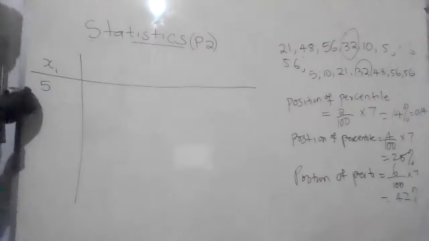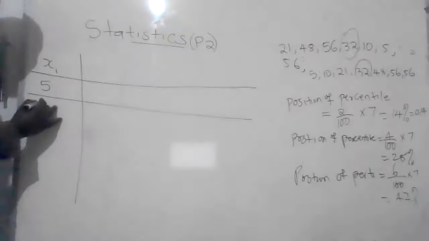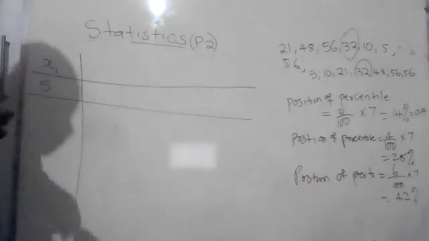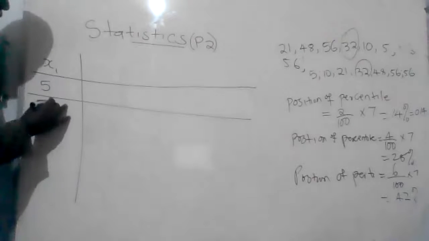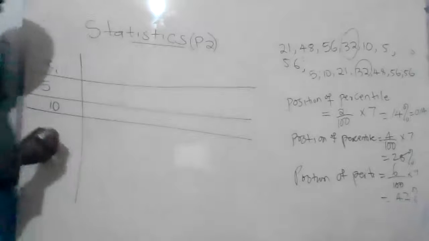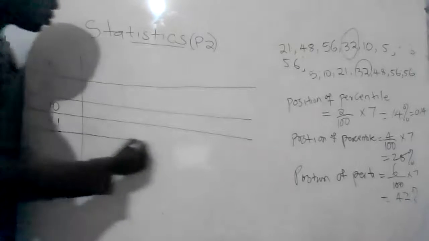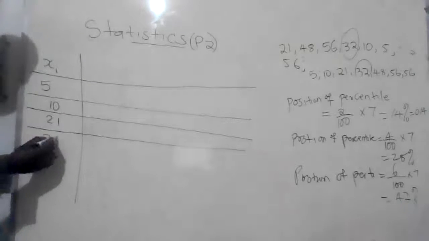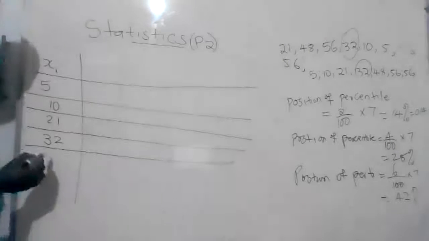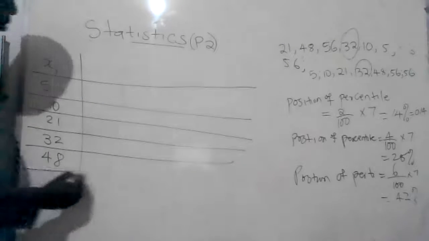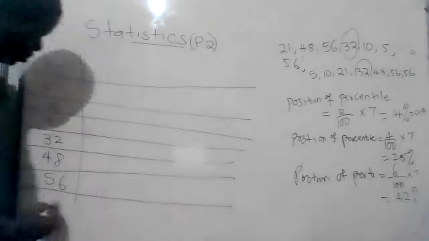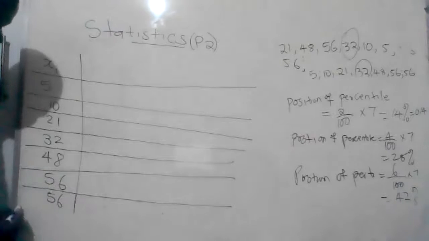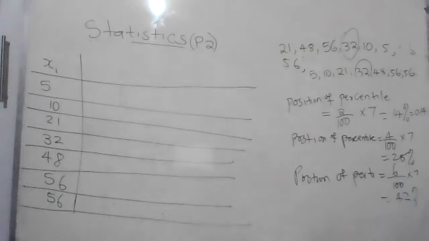So we're going to have 5 as the first data, the second is 10, 21, 32, 48, and then we have 56 and 56 again. So this is the data we are given in this specific question.